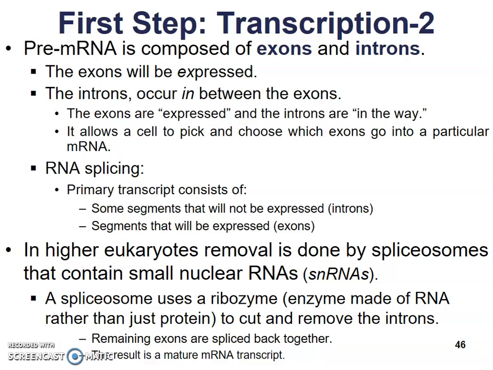So a process called RNA splicing is how we get rid of those introns that are in the way. An enzyme called a spliceosome will actually go in and cut out the introns and remove them so that only the parts of the mRNA that need to be expressed will be expressed.